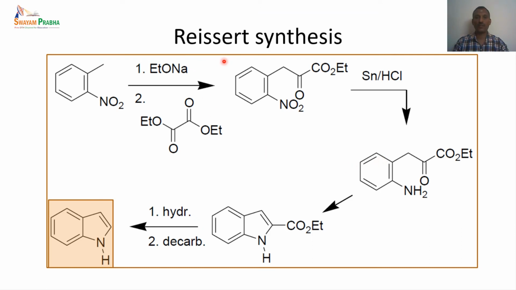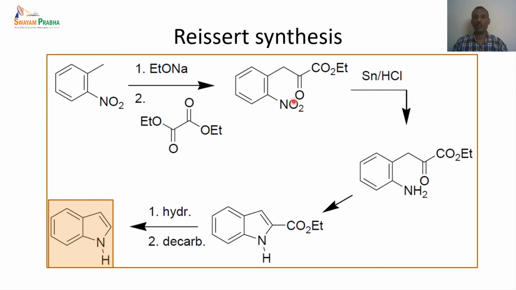Next one is the Reissert synthesis. So in this particular case, the nitro derivative, that is nitrobenzene, nitrotoluene in this particular case, is reacted with diethyl oxalate, and this is the crucial reagent which is required, and this undergoes a condensation reaction.